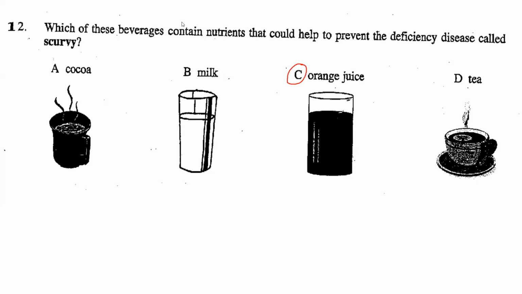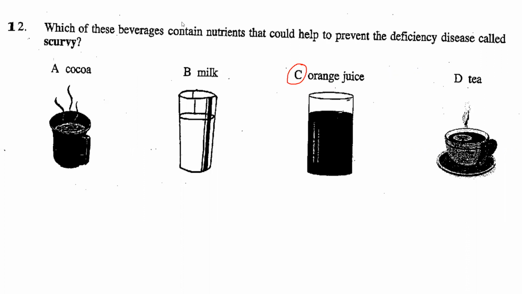What does C have in it that could help to prevent scurvy? Protein? Not protein. Vitamin C. Very good. Vitamin C.